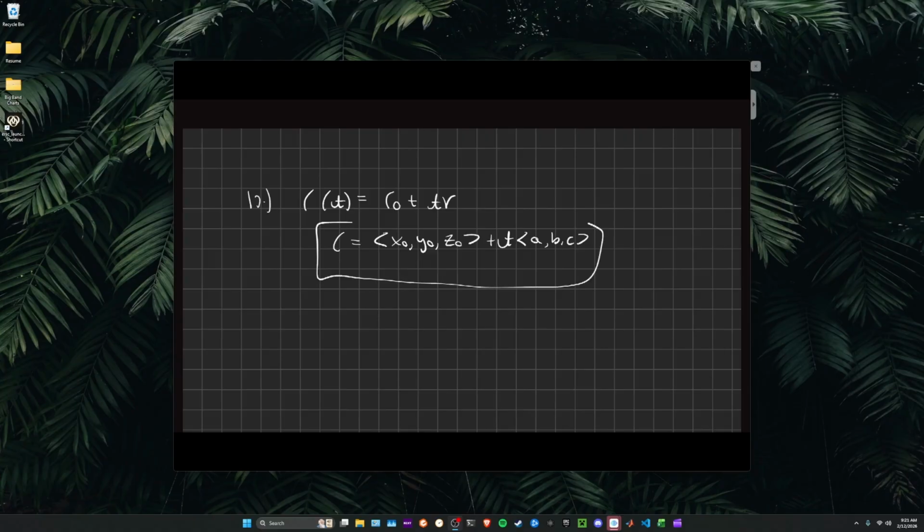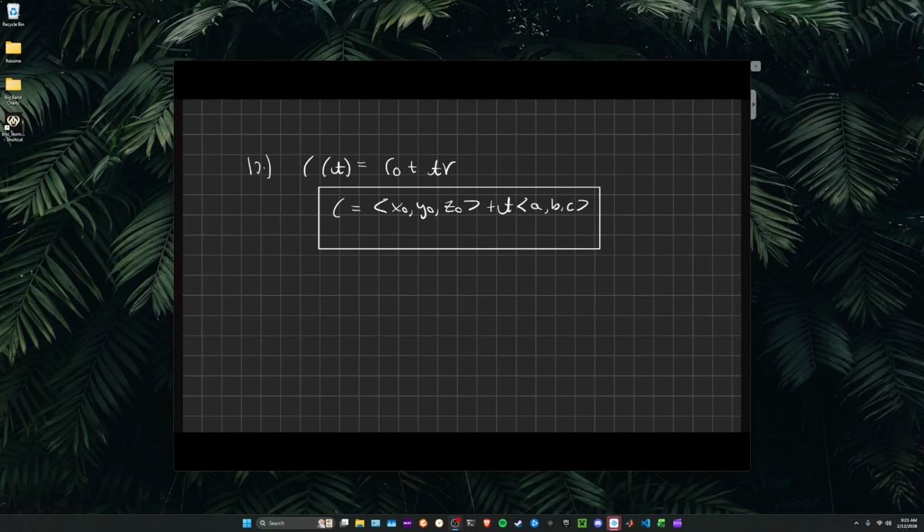This problem isn't even really asking for any specific example, but just to break down the process of doing this. So we can use this equation. We also can extract the parametric equations from this, just based off the components of these vectors.